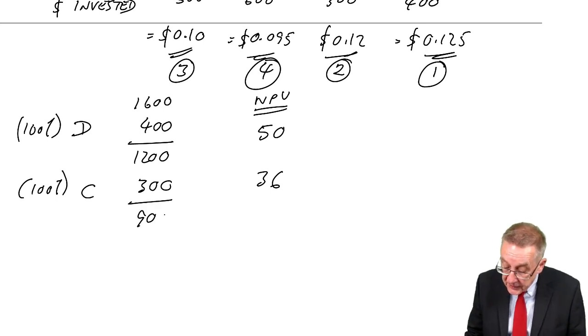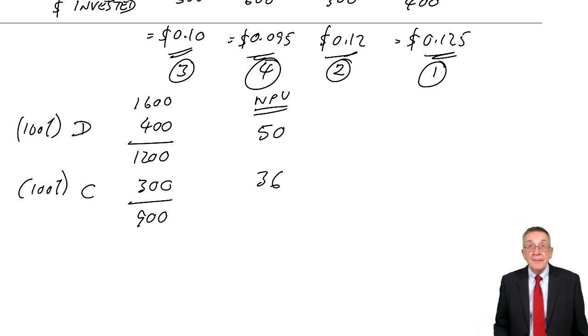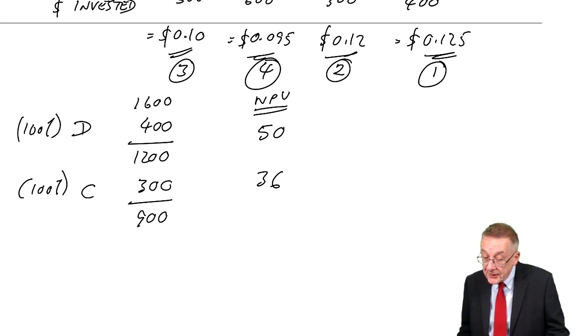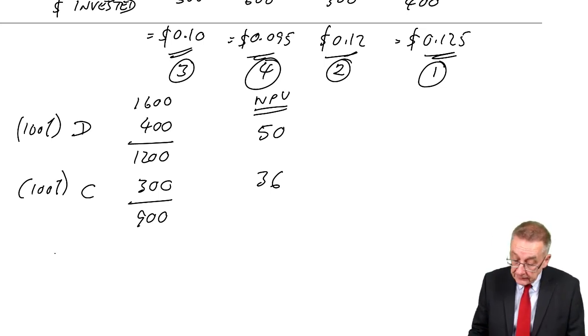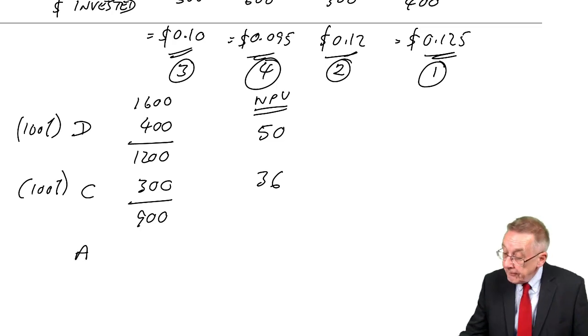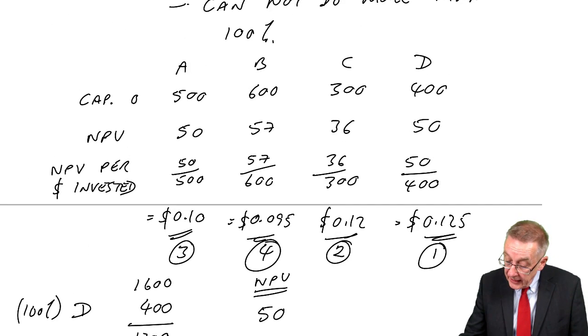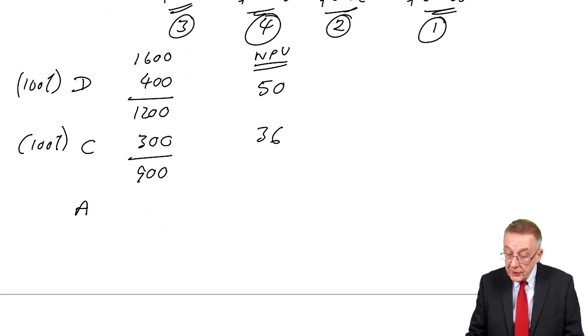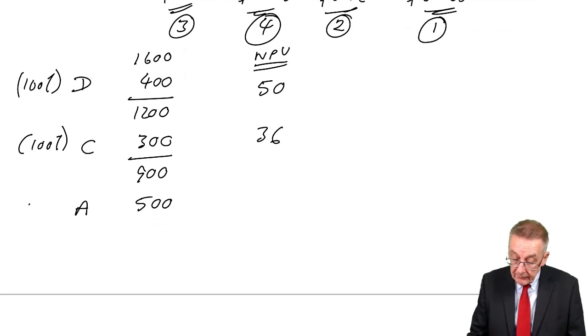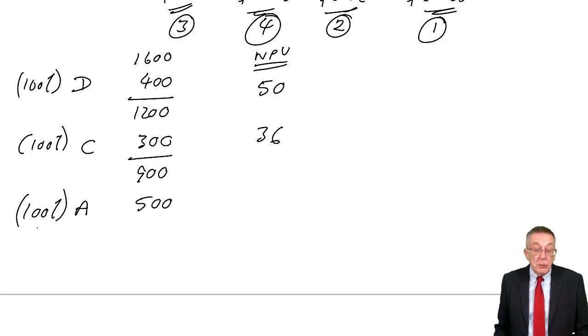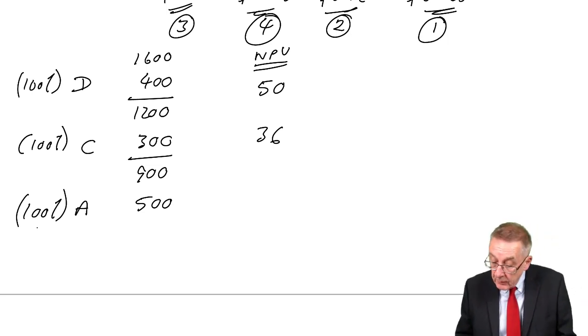How much left? We've still 900 left. Can't invest in more of C, so go to the next best, which is A. A needs 500, so we can afford to do all of A, 100%. And since we're doing all of A, we'll get 100% the NPV, which is 50.